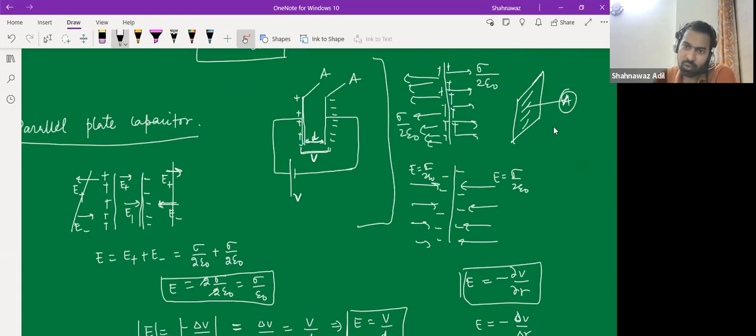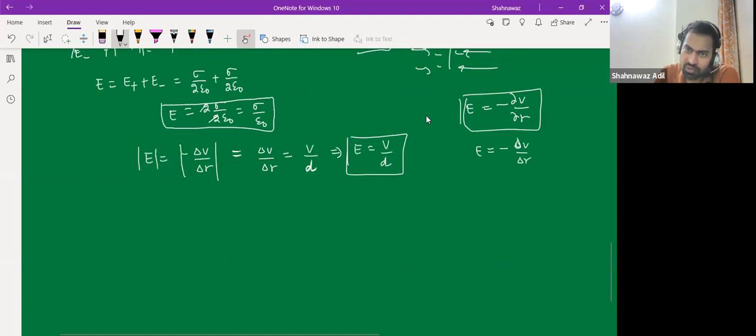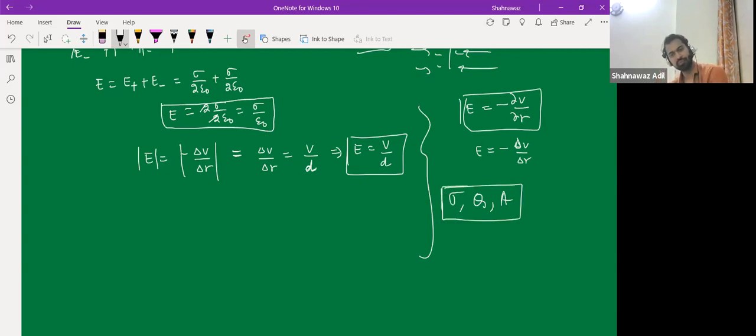Okay. So you guys tell me how sigma, charge and area are related. How these three quantities are related. How sigma, which is surface charge density, charge and area are related.